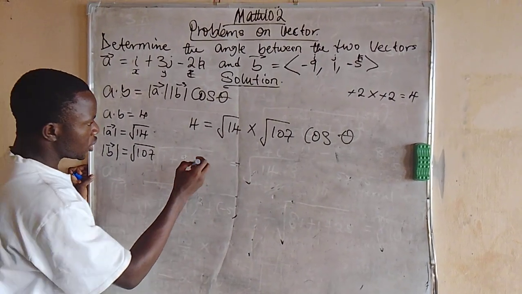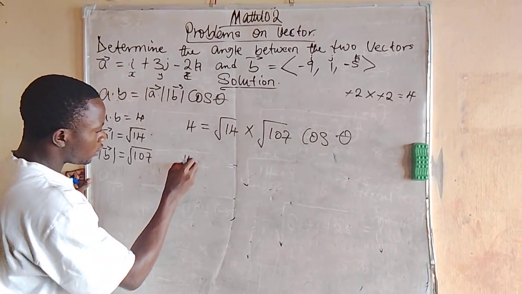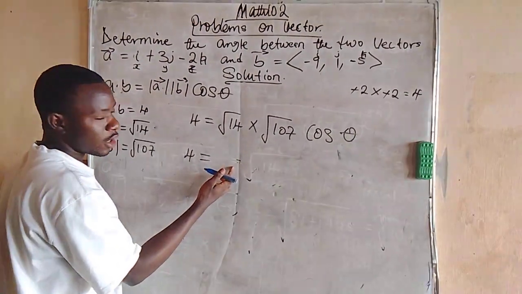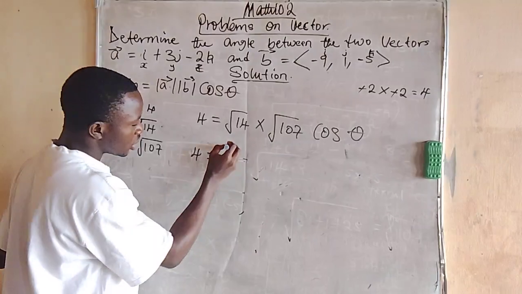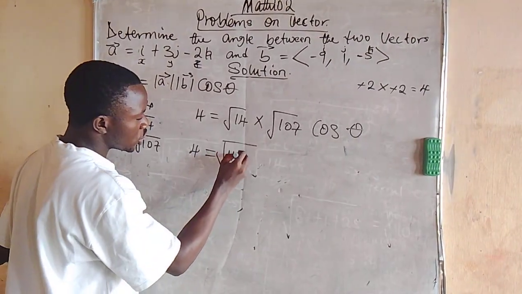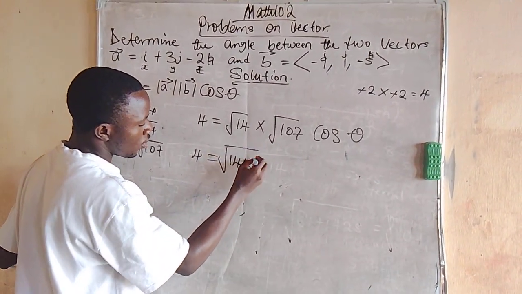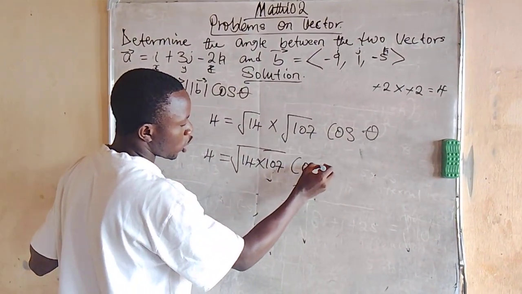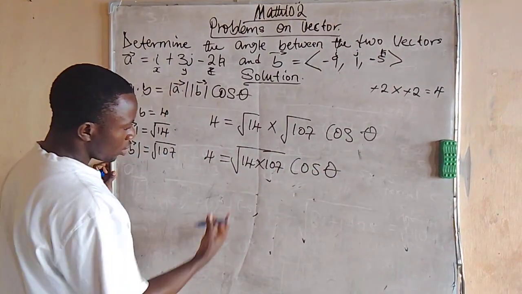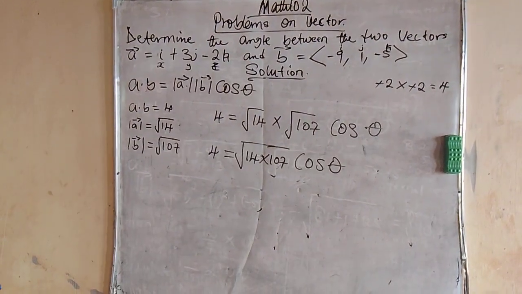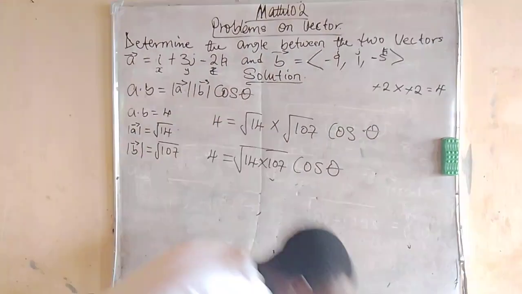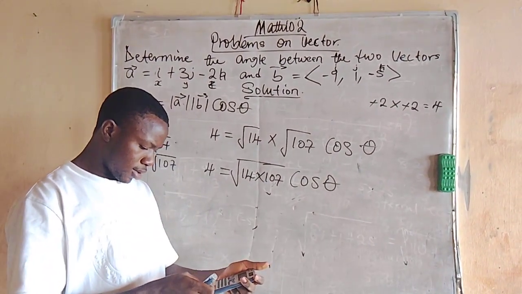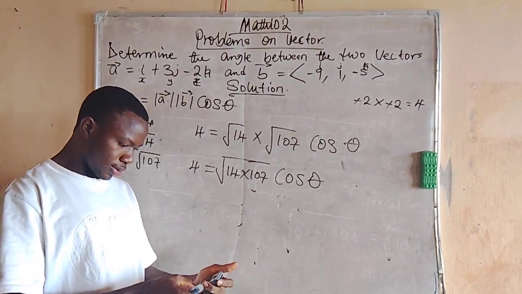Okay. Let's continue. So we have 4 equals to what? So when we have square root, we have square root. Of course, they are common. So we are going to just write square root of what? 14, then multiply by what? 107. Okay? Everything multiplied by cos theta. So 14 multiplied by 107.